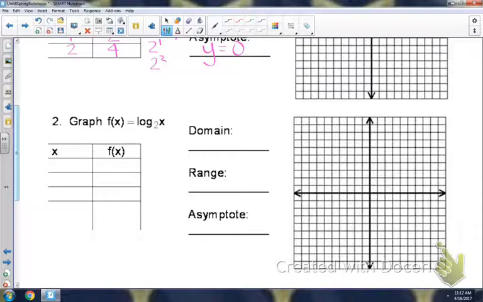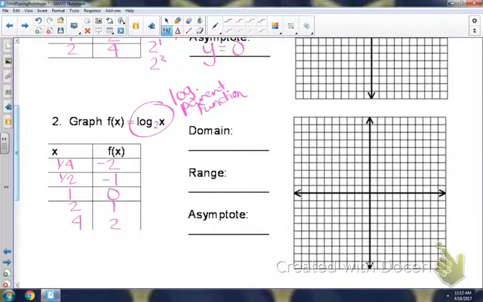So I'm going to use the same ones that I was using on the exponential parent function. So this is the logarithmic parent function. So I'm flipping the points on the exponential, so 1/4 would be -2, 1/2 would be -1, 1, 0, 2, 1, and 4, 2.